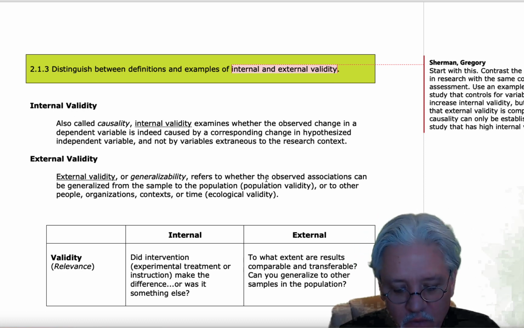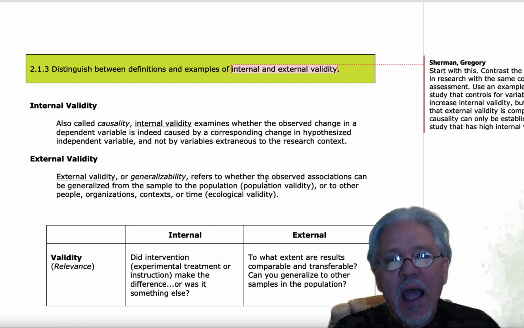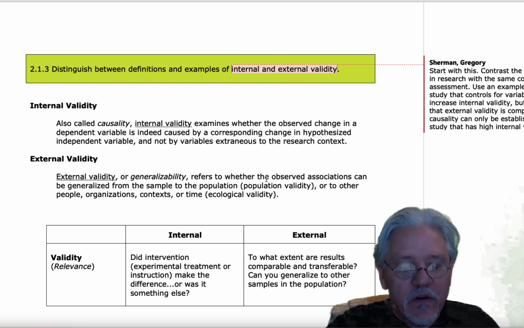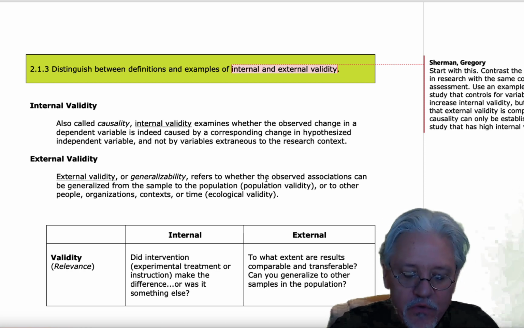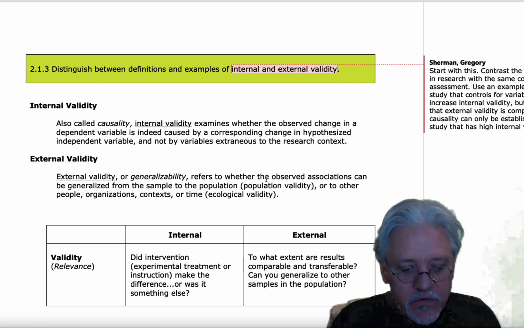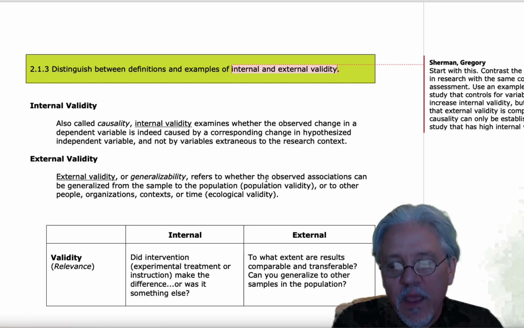So internal validity addresses your ability to say that something that you observed or something that you did, some intervention, actually caused the dependent variable to change the way you observed it. And that's internal validity.